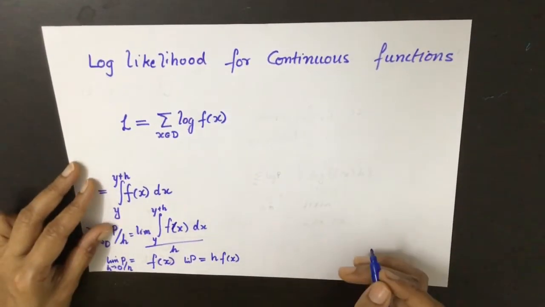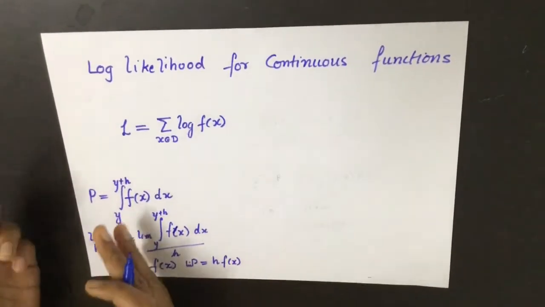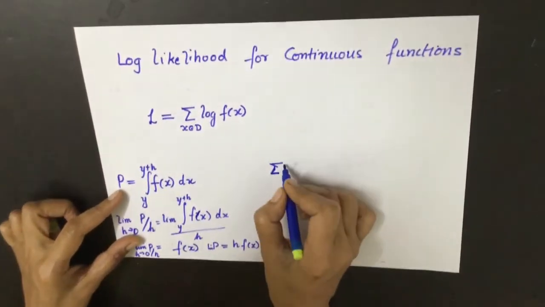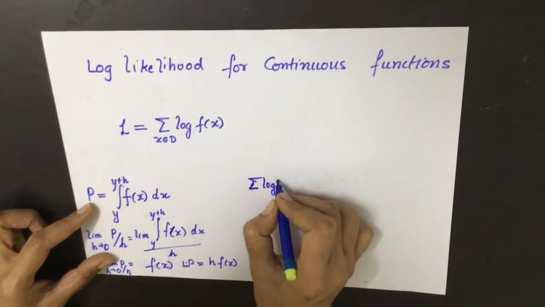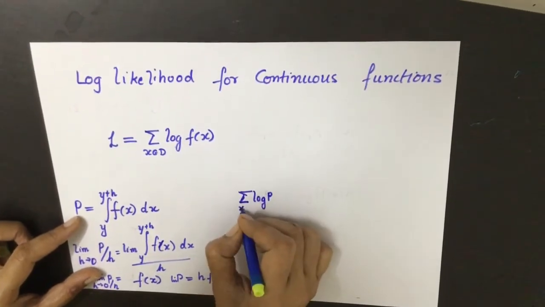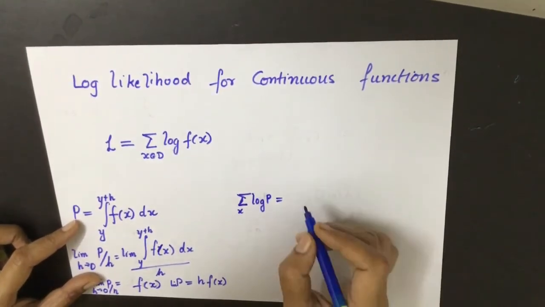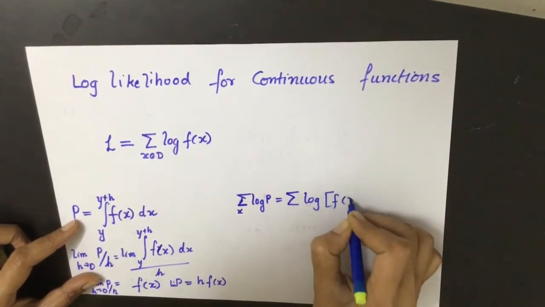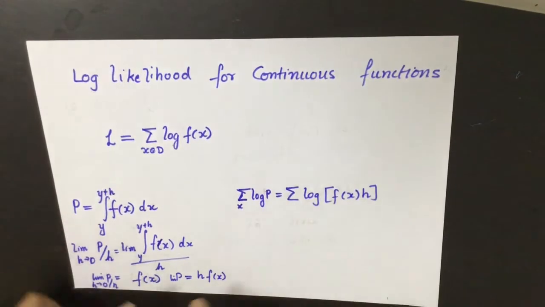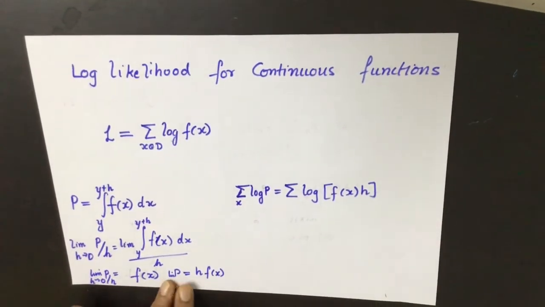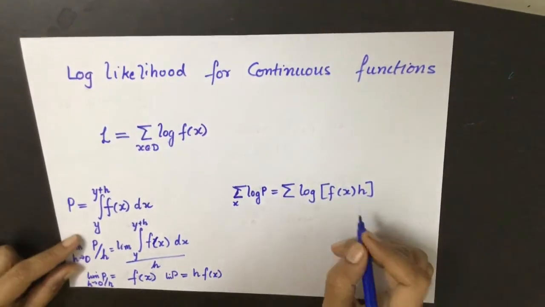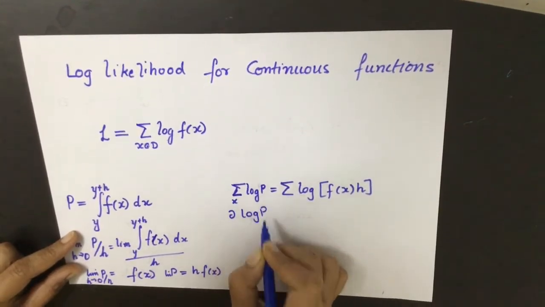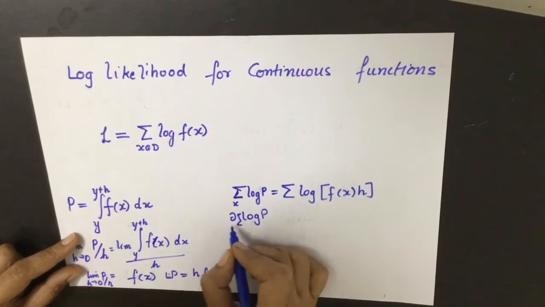Now let us look at how it replaces probability in our earlier likelihood function. It was something like this. Here we write f(x) into h, as we have seen that the limit of probability goes to f(x) into h, and we differentiate over our parameter.